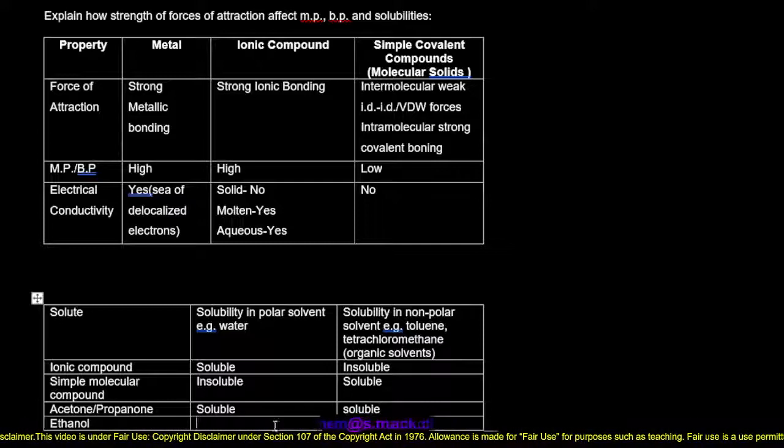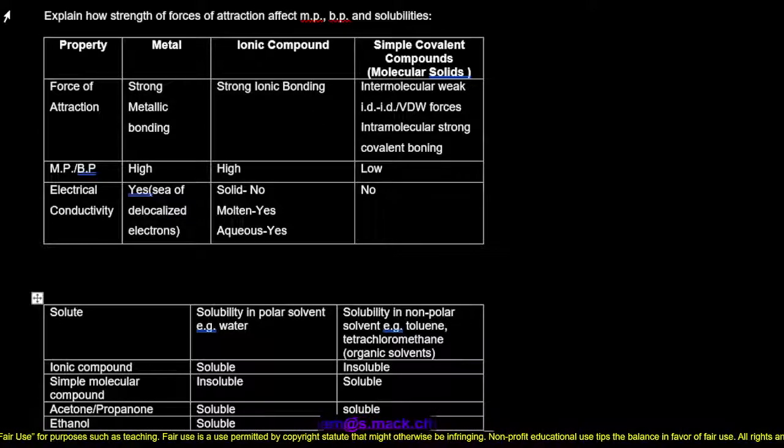Ethanol consists of a non-polar hydrocarbon portion to its molecule, as well as a polar OH group. Ethanol, as such, can dissolve in a polar solvent. Its polar OH bond will form interactions with water molecules, and its hydrocarbon portion of the molecule will also form interactions with a non-polar solvent.